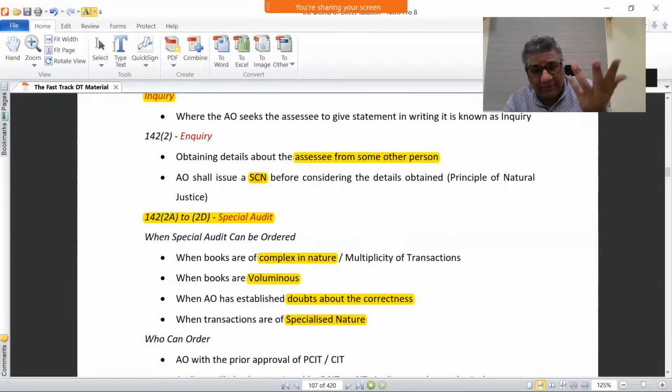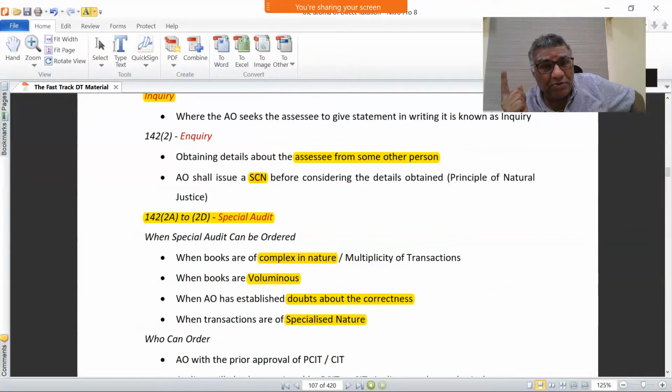Who are you calling? Okay. I will call an auditor and say, go and audit his books of accounts. Assessee immediately says, no. My books are already audited by another auditor. So what? This is a department appointed auditor.